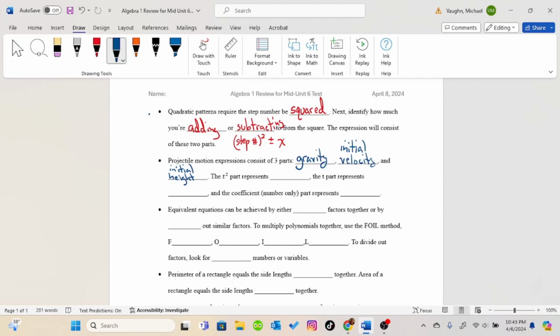When you are looking at the expression, the t squared part represents gravity. The t part represents velocity. And the coefficient or number only part represents height.